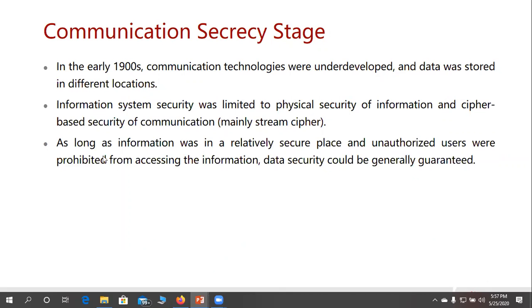As long as information was in a relatively secure place and unauthorized users were prohibited from accessing the information, data security could be generally guaranteed. So during this stage, they depended on physical security to make sure that unauthorized persons are not accessing the information.